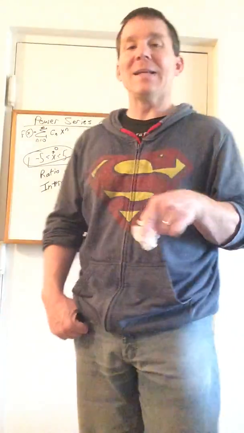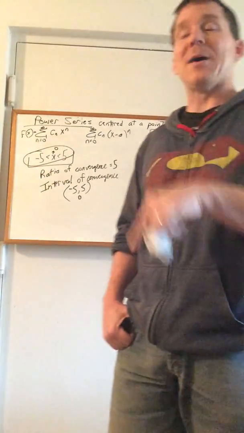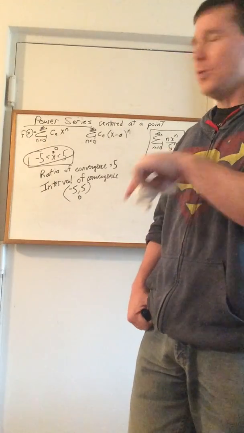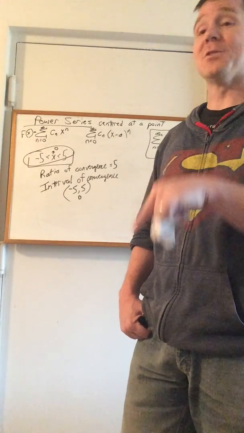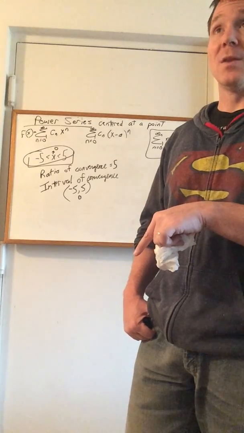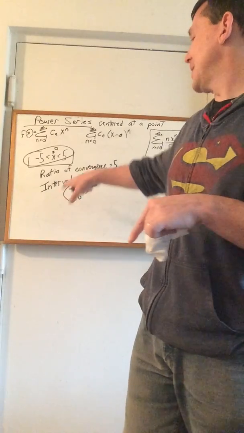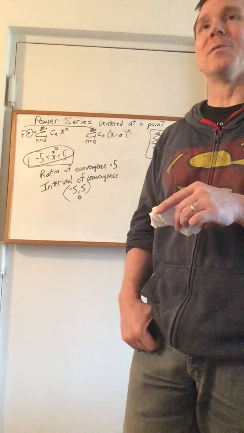But now then, it kind of gives us a goal and a plan on what we're going to do. Given a power series, use the ratio test to determine convergence or divergence, or in particular, where it will converge. Once you know where it will converge, then find your interval of convergence and your radius of convergence.